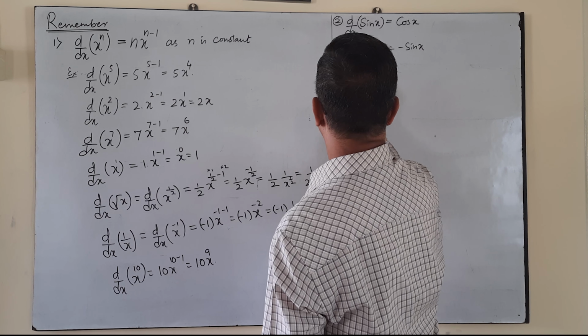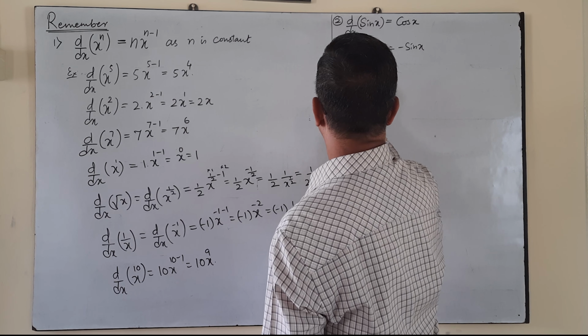Derivative of cot x with respect to x is minus cosecant square x. Then derivative of secant x with respect to x is secant x into tan x. Then derivative of cosecant x is, remember, minus cosecant x into cot x.